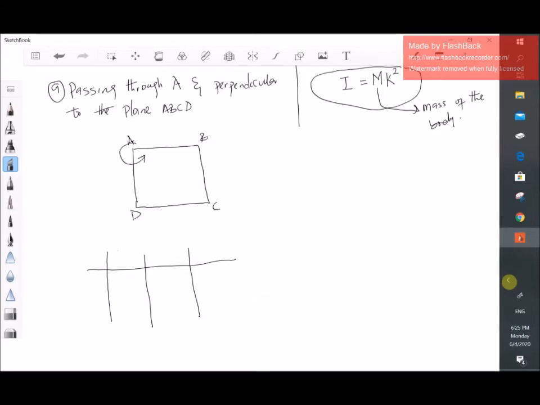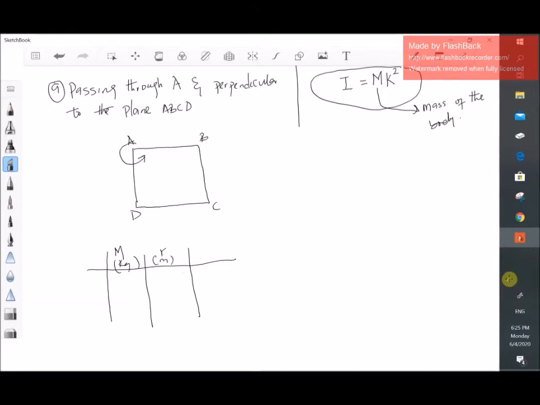This is the mass in kg, and this will be my radius from the axis of rotation in meters.